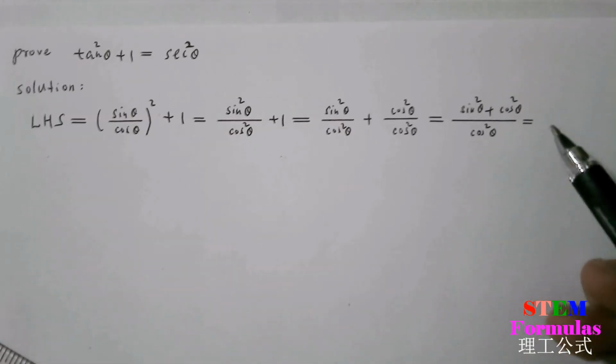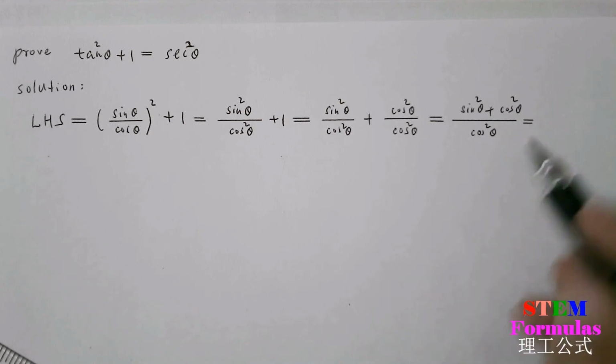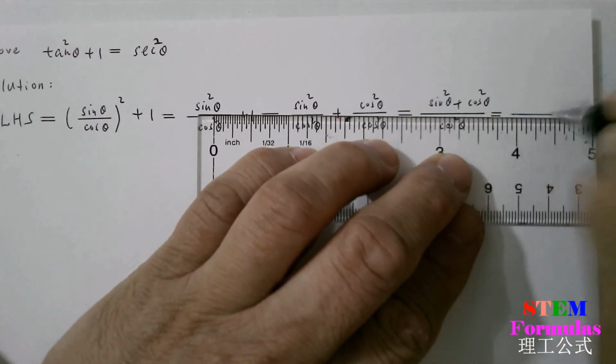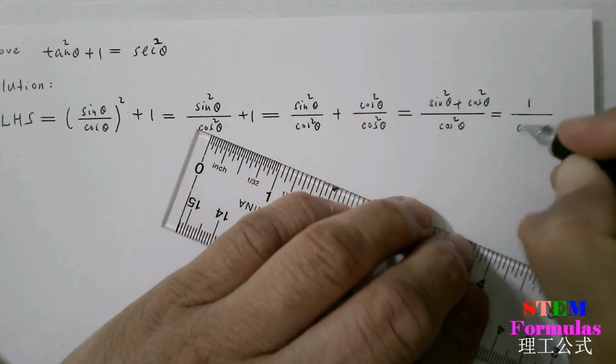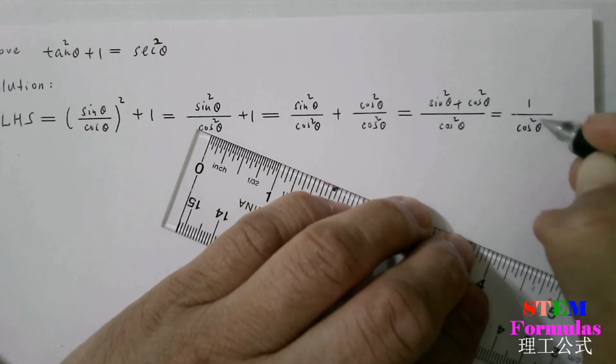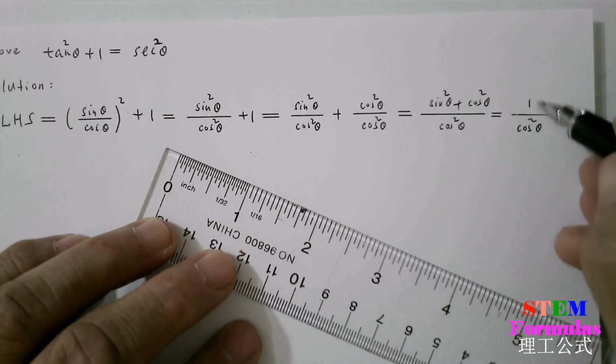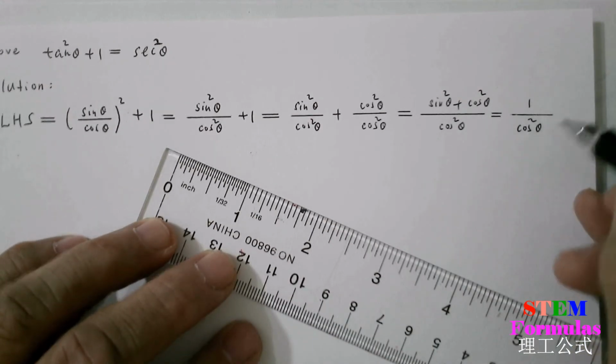Therefore, I can substitute 1 here. So 1 over cosine theta square.